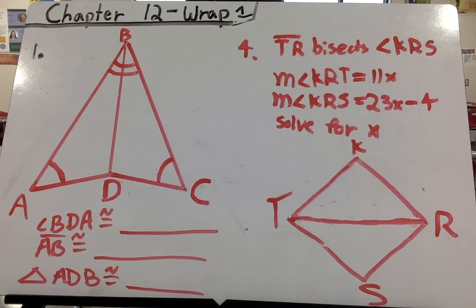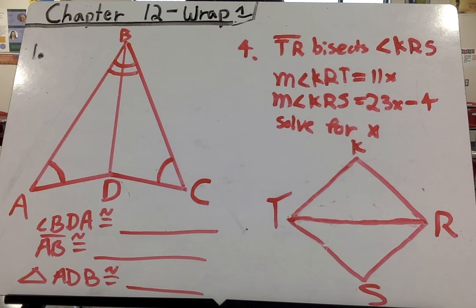unknown values. I'm going to go ahead and jump right into number 1, where it shows that this is congruent to that, and this is congruent to this. Then it says angle BDA, so BDA is congruent to what?